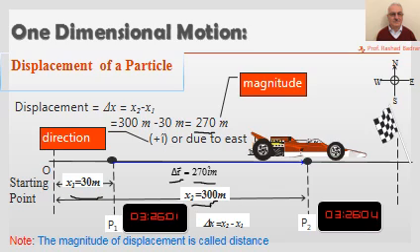It must be noted that the magnitude of displacement is called distance. This is not to be confused with the scalar quantity distance. Here, the magnitude between the initial and final position is the shortest distance between these 2 points, as the meaning of the magnitude of displacement is concerned.